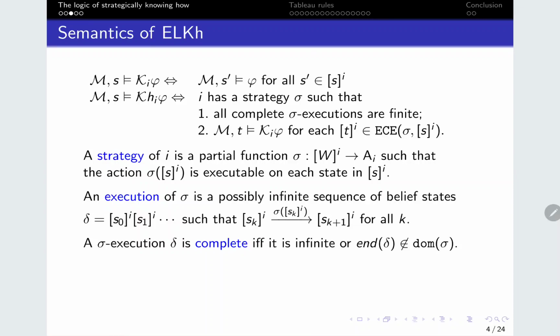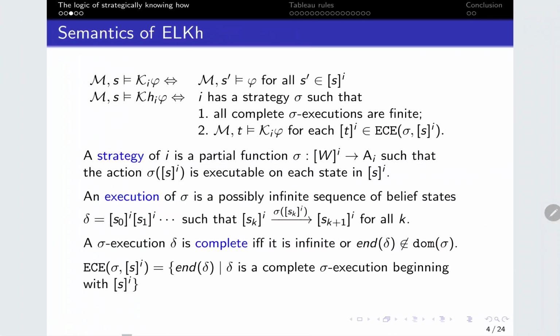And we say an execution of a strategy sigma is complete if it is infinite or the end belief state is not in the domain of the strategy. And we use this notation to denote the termination belief states of all complete sigma executions beginning from the belief state s.